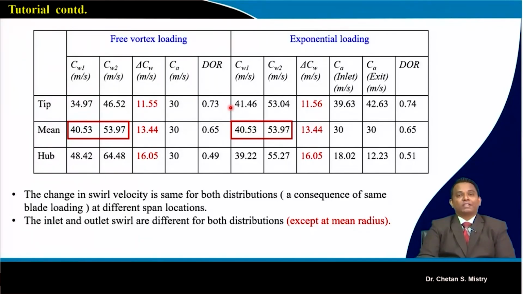The free vortex design, as we discussed, gives a highly twisted blade. When we look at constant reaction design, we discussed that it does not satisfy radial equilibrium. When you go with the exponential method, again you will have variation of axial velocity. We have also discussed our fundamental methods, where we neglect radial equilibrium.